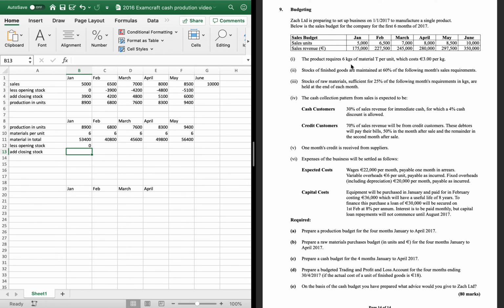Then, like I suppose, in some questions, they could give you some information that's not a new business, but you'd work that out yourselves. The closing stocks then. This time it tells us that stocks of raw materials cover 25% of the following month's requirements in kgs. So it's 25% of, for January, it's of February. So 25% of 40,800.